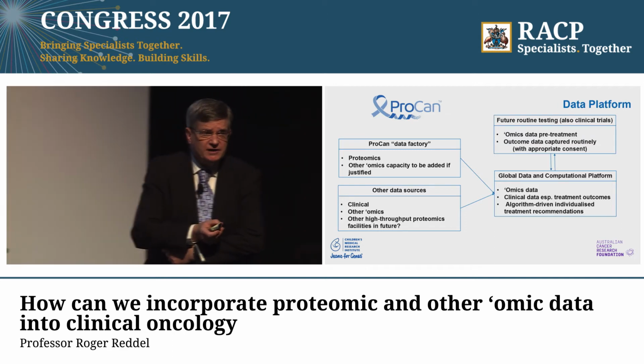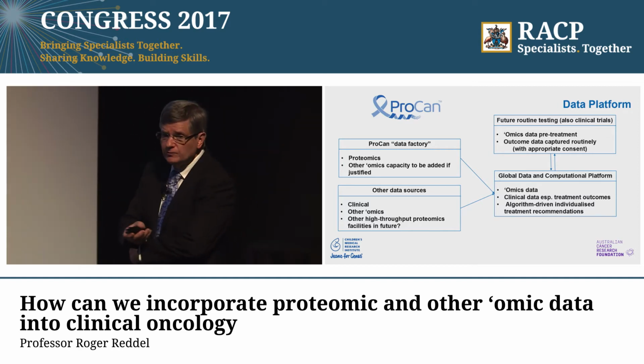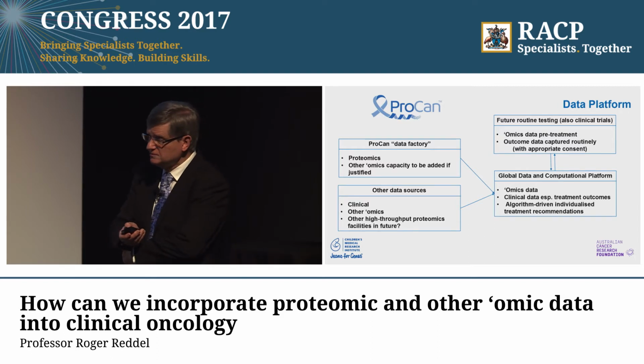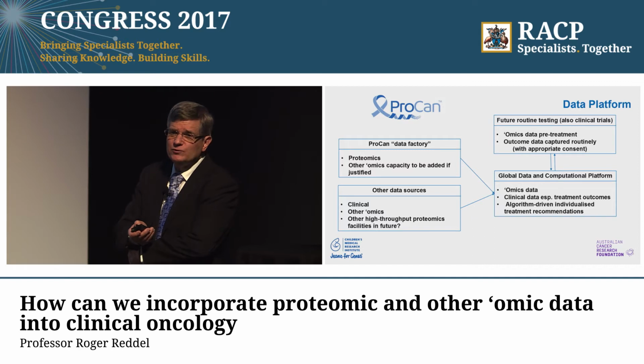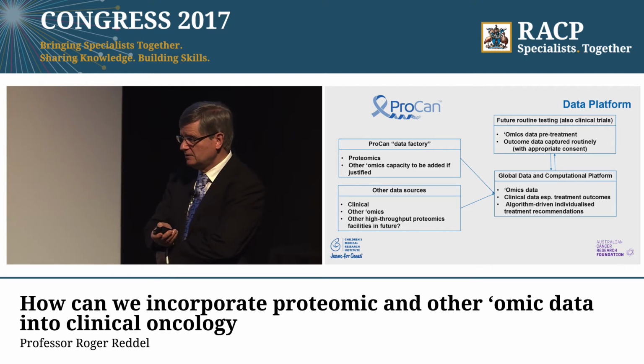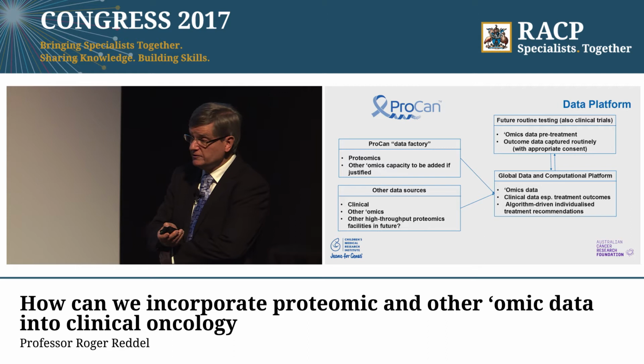The way we are designing this, and what we would really like to see is that when this comes into routine clinical use, all routine clinical data collected in the future would continue to feed this database. So with appropriate informed consent, any routine data of this type would be added to the database, and there would be routine outcome data collected, and we're working with the New South Wales health system to ensure that this occurs.